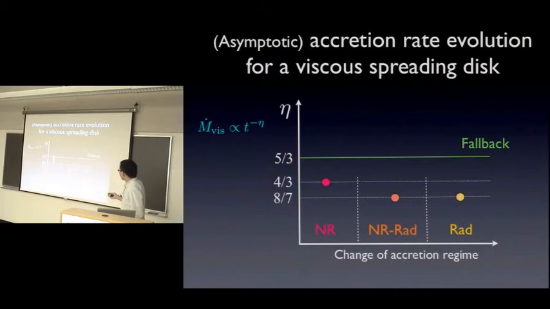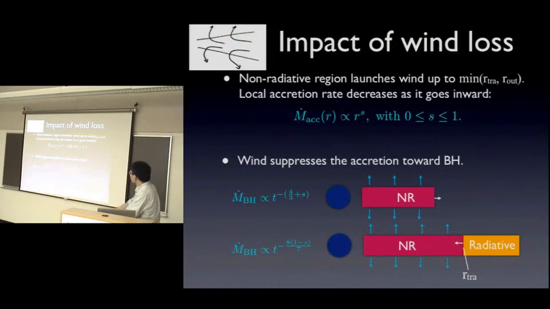there will be a slight change to the viscous spreading temporal power-law. During the early non-radiative phase, the temporal index will become steeper. And in the intermediate accretion regime, the power-law index can become even shallower. The reason is the following. We use a very simple prescription for the wind loss.